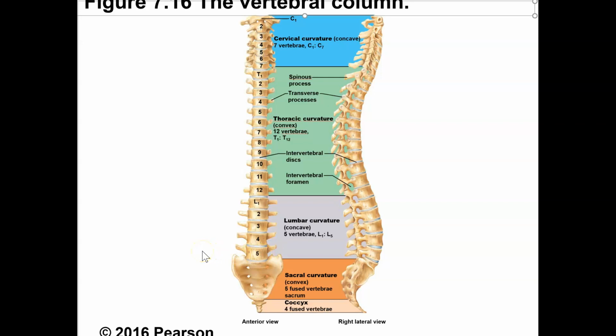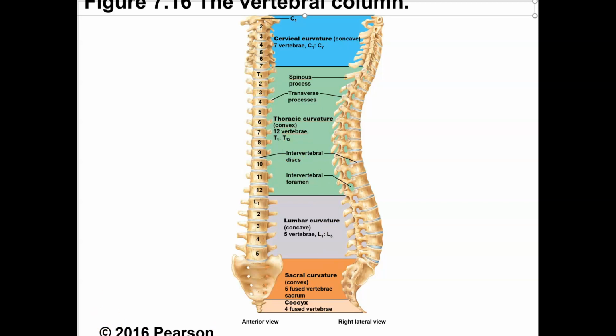The simplest way is, if there was a marking here, you could either count up from the sacrum, 5, 4, 3, 2, 1, or if there was a marking here that asked, what is this vertebra, then you could count from the C1 to C7, and then 1, 2, 3.